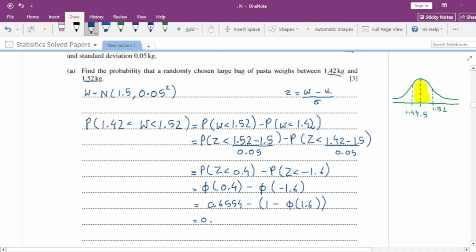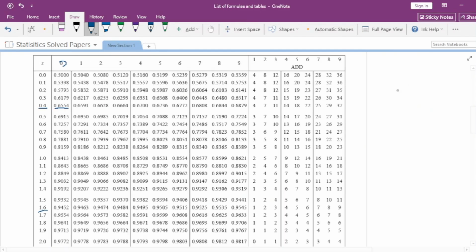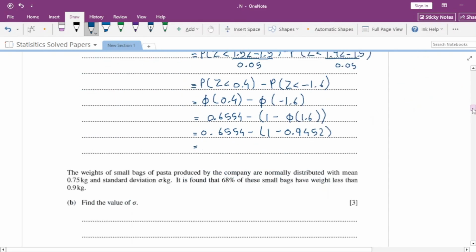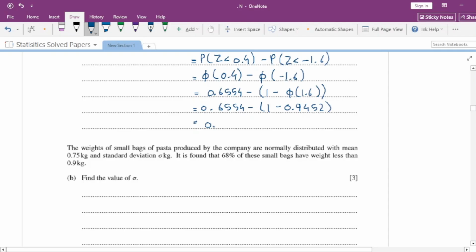So we have 0.6554 minus, 1 minus 0.9452. And once you calculate this probability, you would get your answer as 0.6006, which you can round to three significant figures, 0.601, as your final probability.